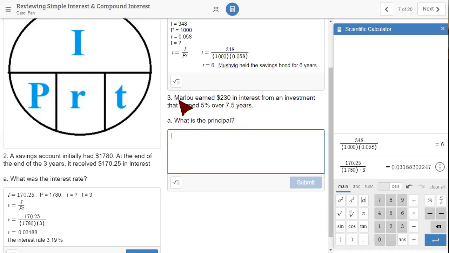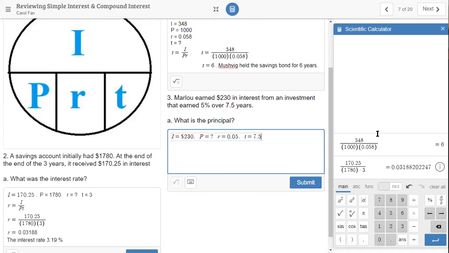Okay, this question. Marlou earned $230 in interest from an investment that earned 5% over 7.5 years. What is the principal? Let's sort out the information. So interest, 230. Principal, we don't know. R, 0.05.